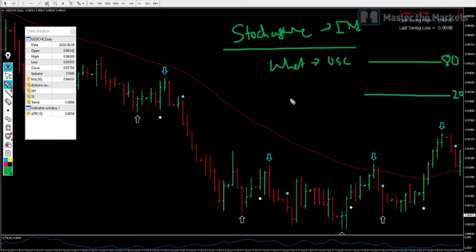Now, why would you use a stochastic? It's just to give you a gauge in the market when the market is oversold, when it goes below the 20 point. At that point, you're looking to buy because prices are cheap as indicated by this indicator. Or if it goes above the 80 point, then prices are expensive, also known as overbought, and then you start to look to short the market.